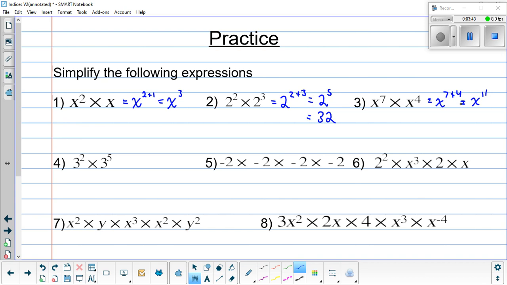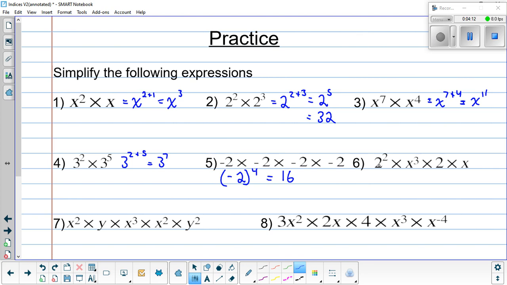Next, we have 3 to the 2 plus 5, so we have 3 to the 7. Then here we can represent this as negative 2 to the power of 4, and we also know that's just going to be 16. So it's good to be able to put it from normal form into index form and then calculate as well.